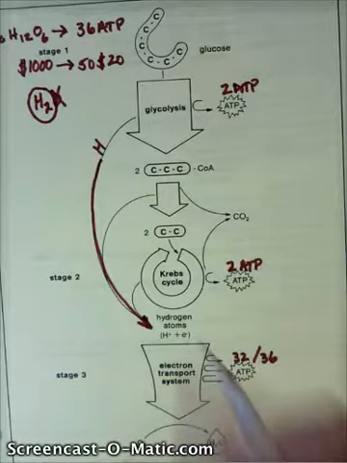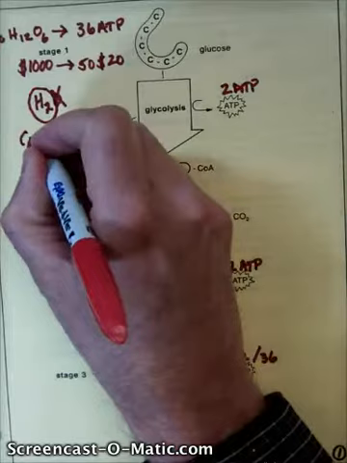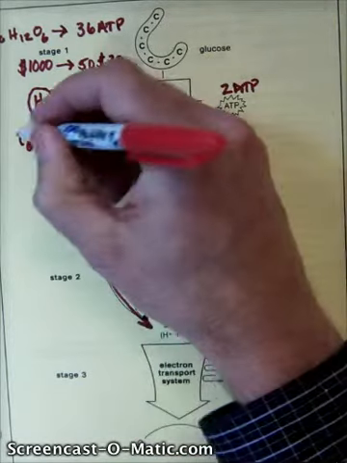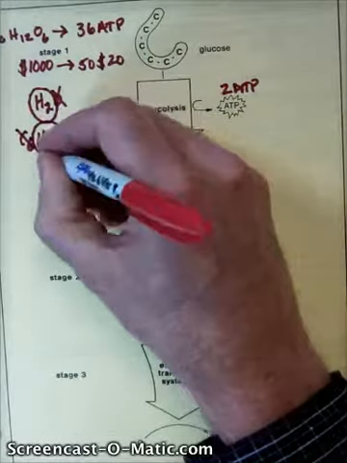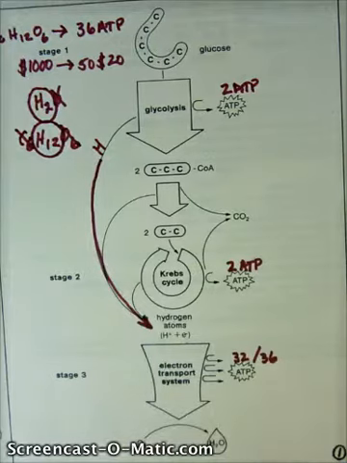In cell respiration, instead of water, we're going to use glucose. And just like the plant got rid of the oxygen, the mitochondria is going to get rid of the carbon and the oxygen, and we're going to utilize the 12 hydrogens, the same way that the plant used the hydrogens, as a source of electrons to power the electron transport system, and concentrate protons on one side of a membrane and force them to go through ATP synthase to produce the ATP.